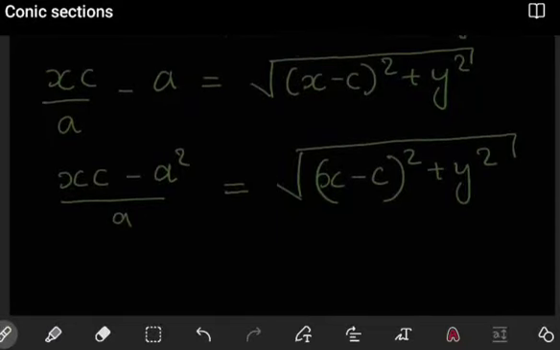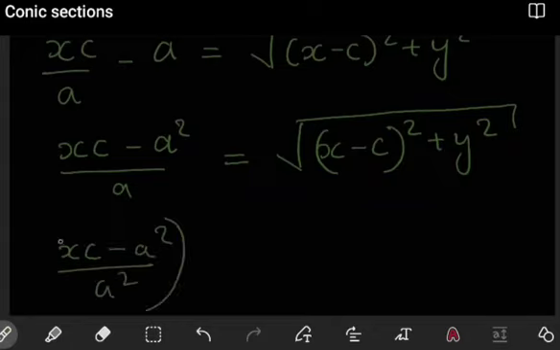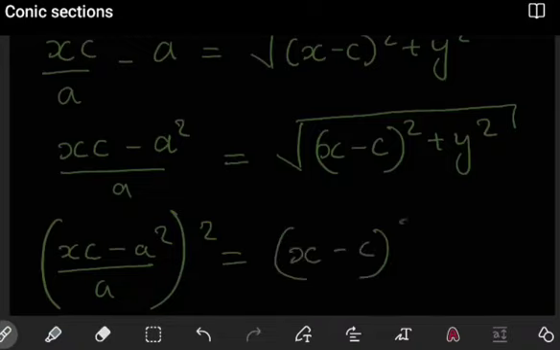We can square both sides now, and if we did, we would have xc minus a squared over a, squared. Okay, I'm saying that I've squared the a down here. Let me remove that and say I'm squaring everything here. The right side, the square root disappears, and we remain with just this.